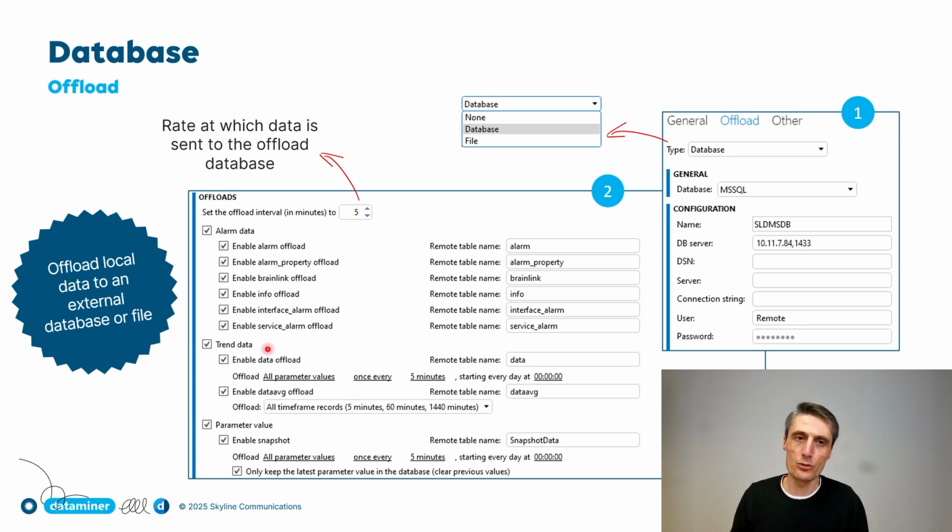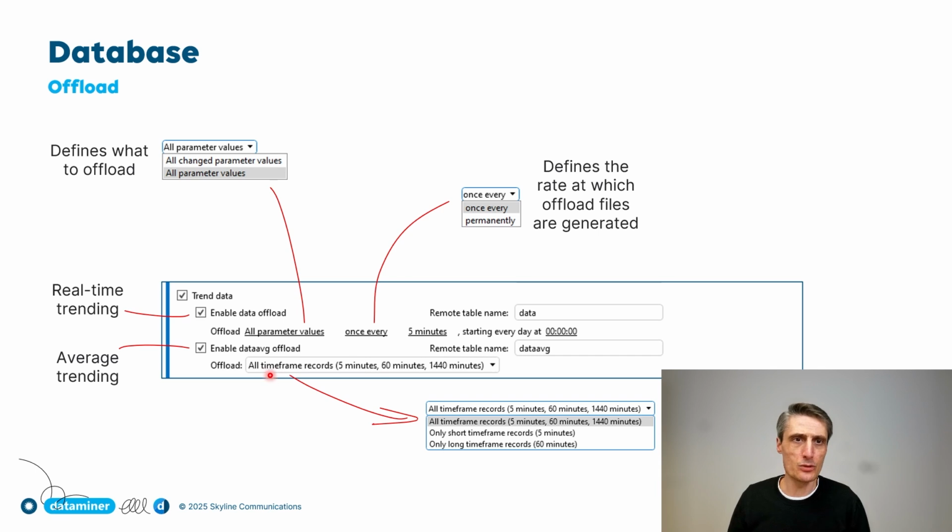You can also offload trending. So the trend graphs, real-time trending, average trending. So the first one is the real-time trending. The second one is the average trending. And there are some more details to that for the trending. So you can offload every change or continuously or only every 5 minutes so that it's not too much data.